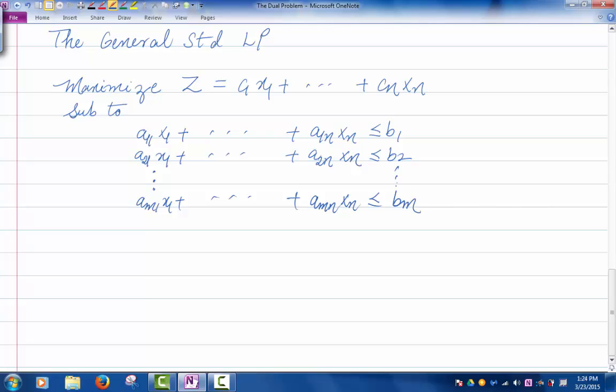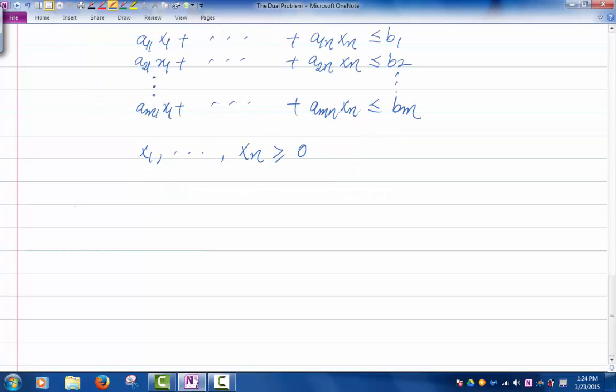Okay, so there are m constraints and n decision variables, and of course x1 dot dot dot xn are all non-negative.